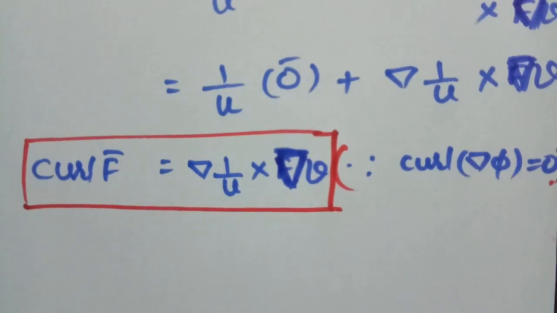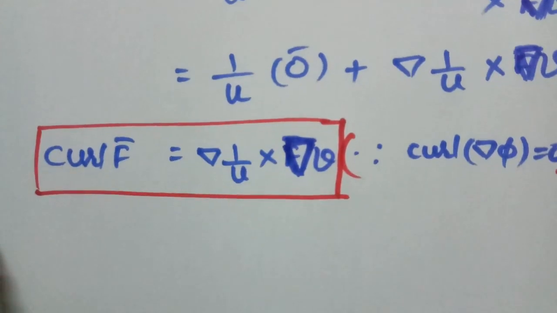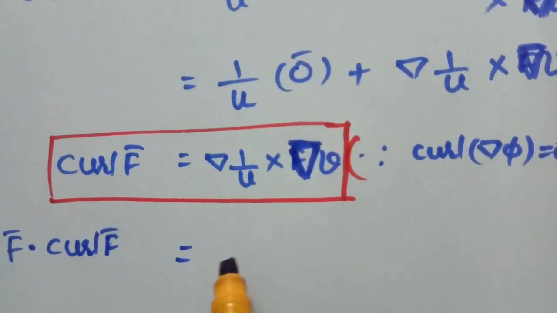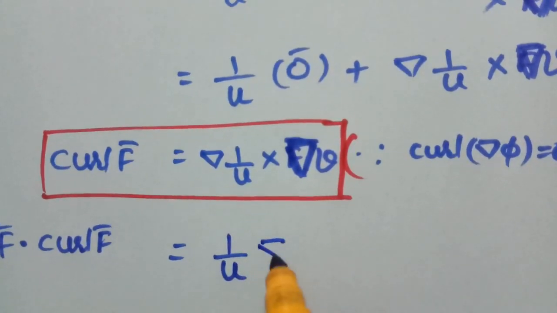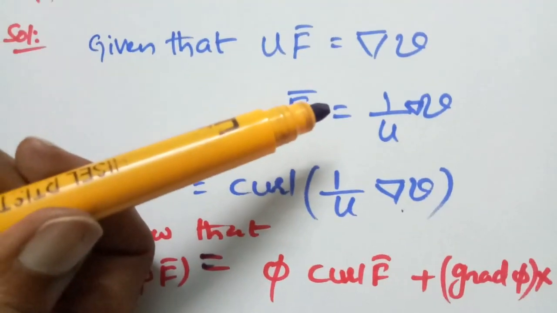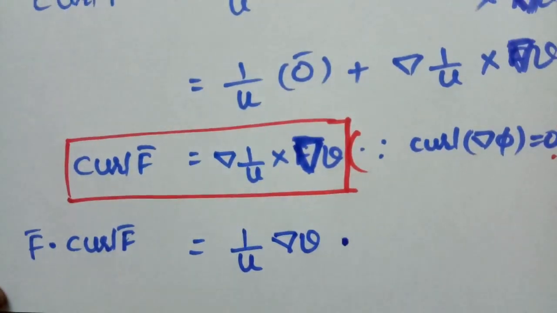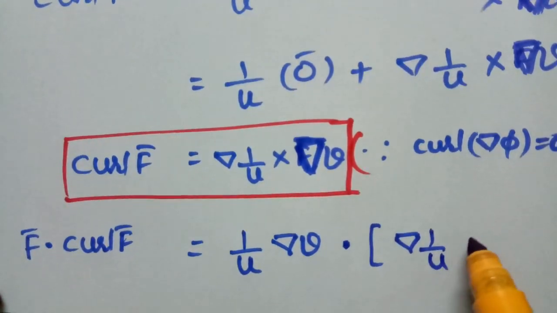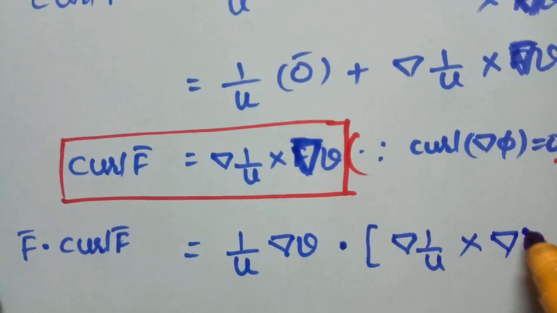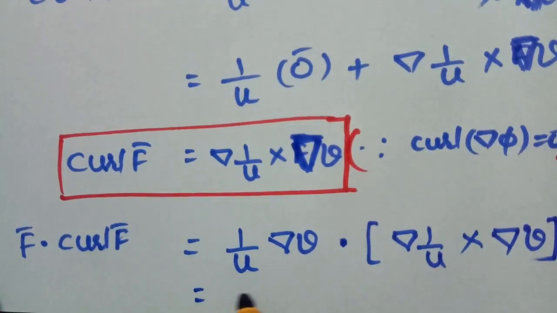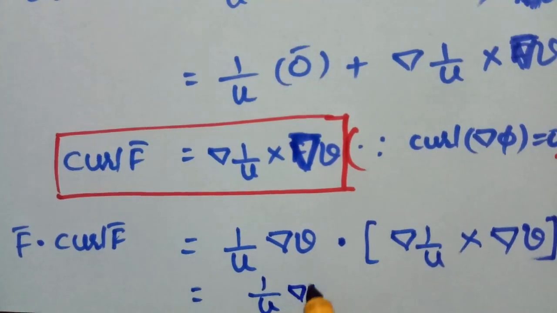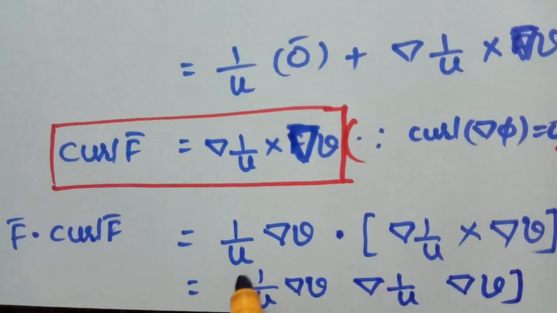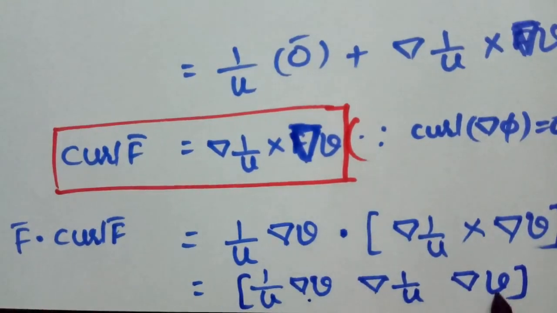Now, F bar dot curl F bar. F bar dot curl F bar is equal to, F bar is 1 by U into del V, 1 by U del V dot del of 1 by U cross del V. Therefore, this is the triple scalar product of 1 by U del V, del of 1 by U, del V. This is a triple scalar quantity and these two quantities are same.